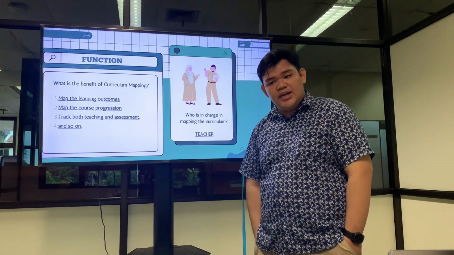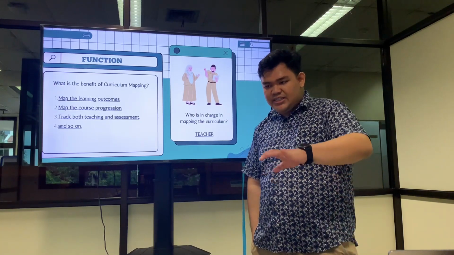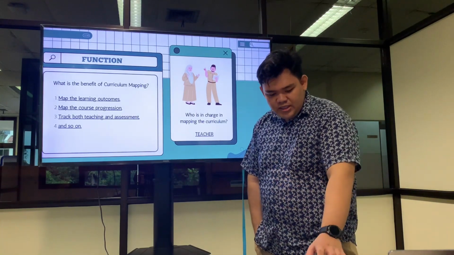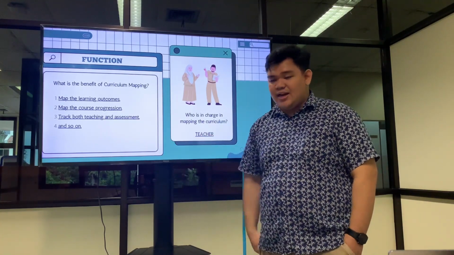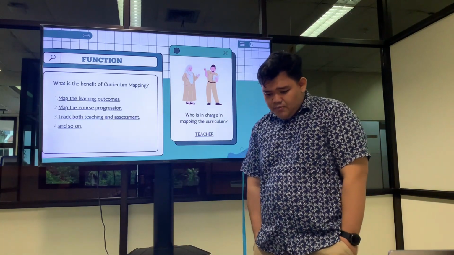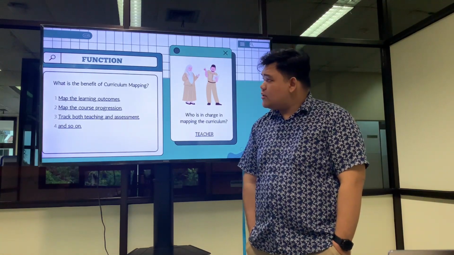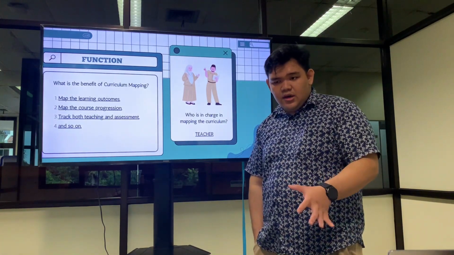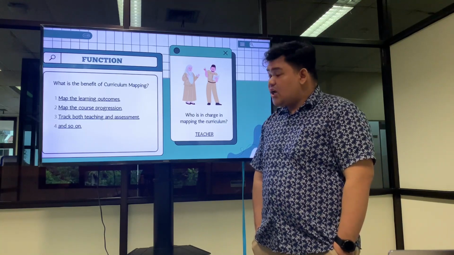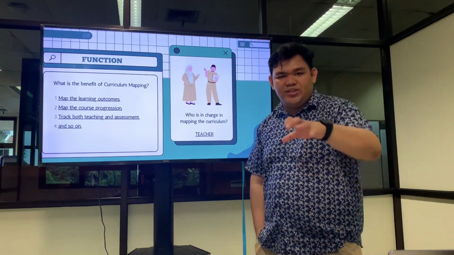It's very crucial because we can see the map, right? Basically the timeline. So judging by Prota and Prosem, it's also almost similar to curriculum mapping, equally important, but curriculum mapping is more detailed.